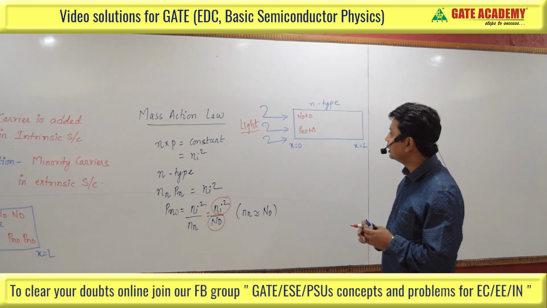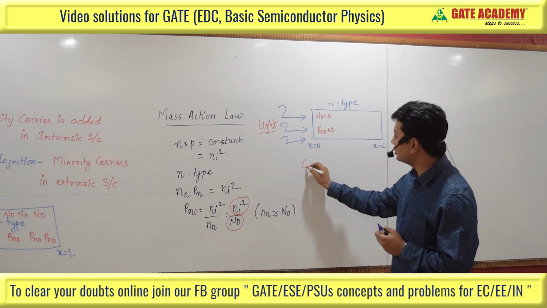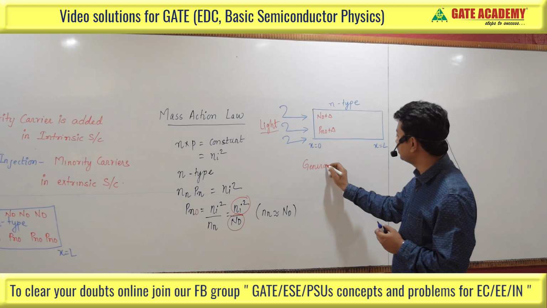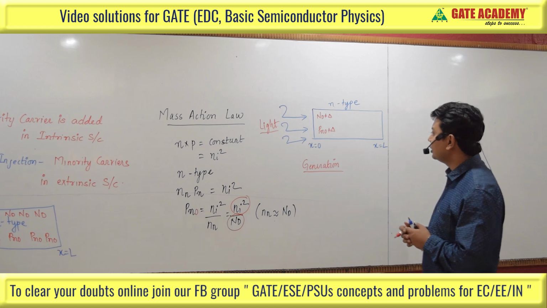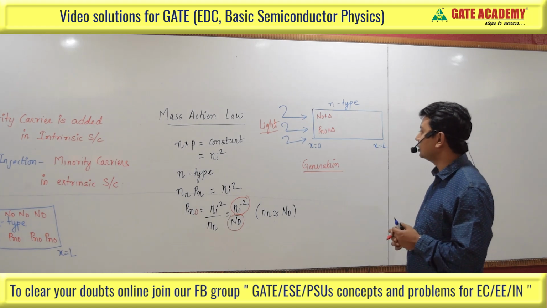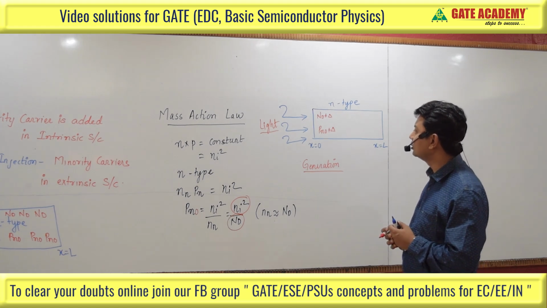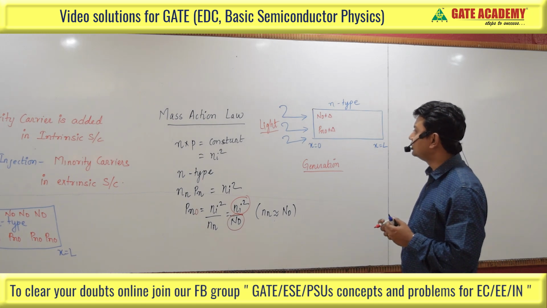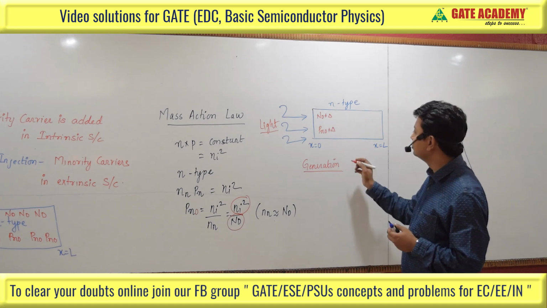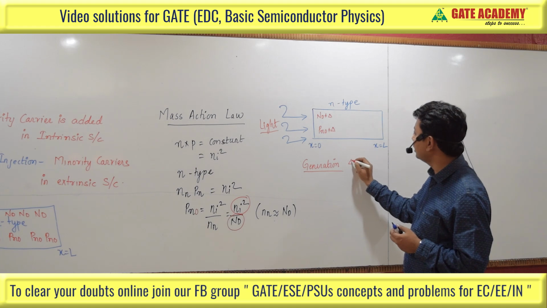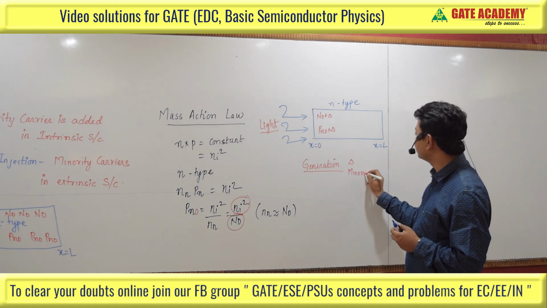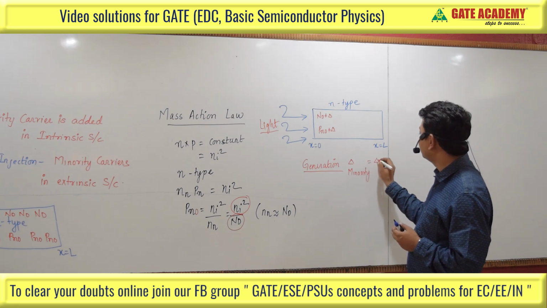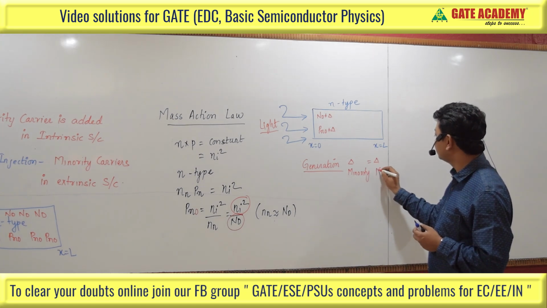Because we know that generation is the process in which the numbers of both minority and majority charge carriers increase by the same amount, that is, if delta is the incremental value of the minority charge carrier, the same amount of delta is added to the majority charge carrier.